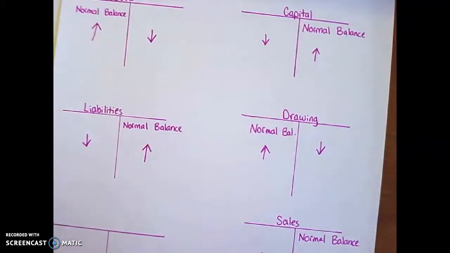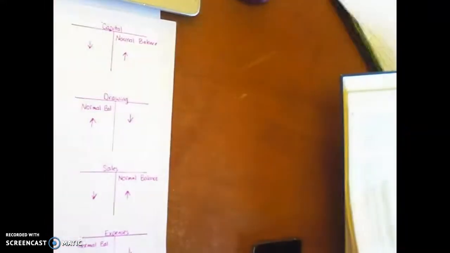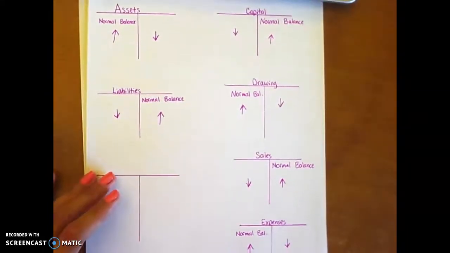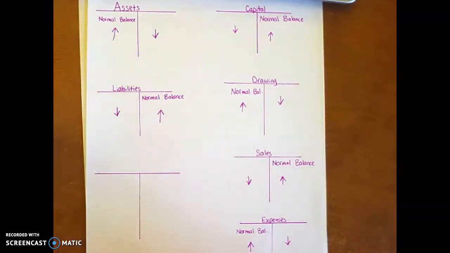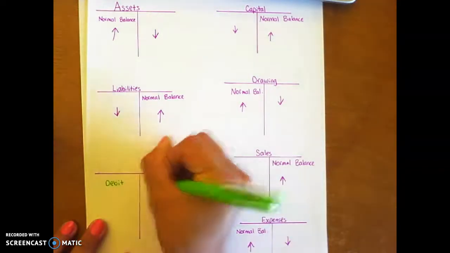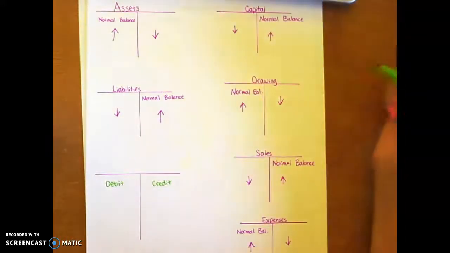Now, just to end this video, I am going to zoom out my camera here. So please excuse me while I do this. There we go. You can see just about everything. So this is my little cheat sheet. I have an extra T account here on accident. Maybe I'll just go ahead and write debit on the left and credit on the right. I just drew one too many as well. So assets, liability.